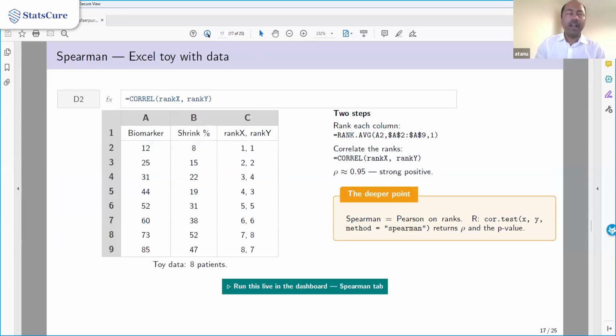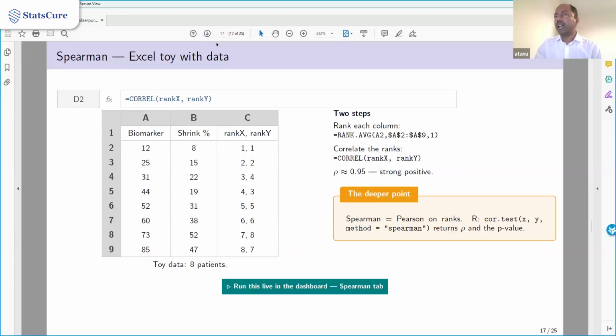So here you have these Spearman Excel files. Let's say biomarker values are there, and we are going to see to what extent the sinking percentage is related, and we are going to mark the individuals with different rankings, and thereafter calculate this value.